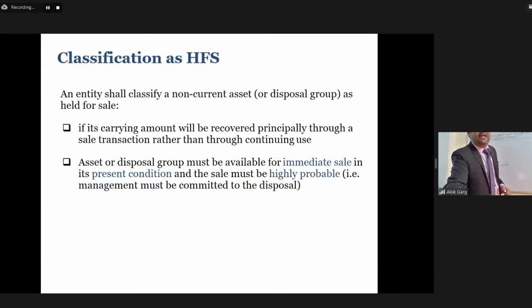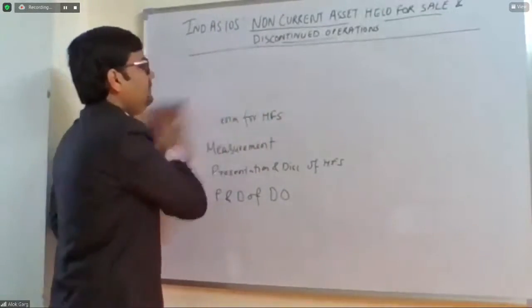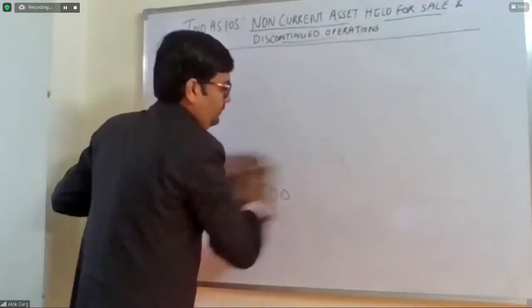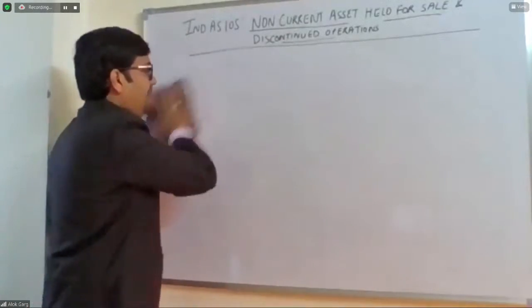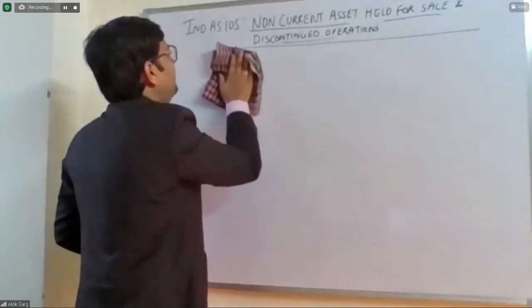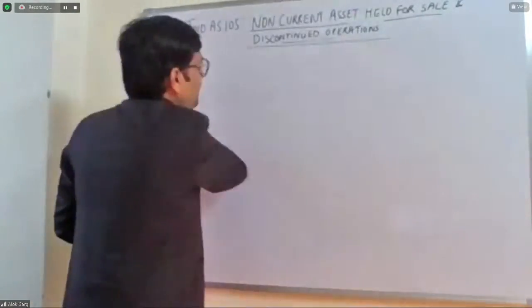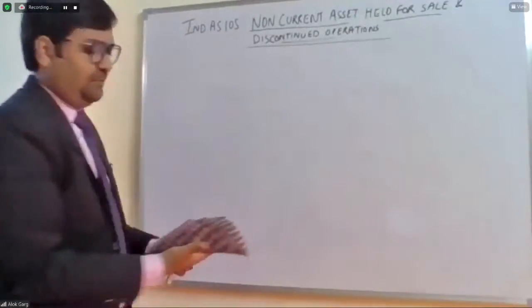Classification as held for sale. Now, this is the most important part. Let me take you to the whiteboard. We discussed the objective part, we discussed the scope part, and so far we have understood the difference between non-current asset held for sale and disposal group.